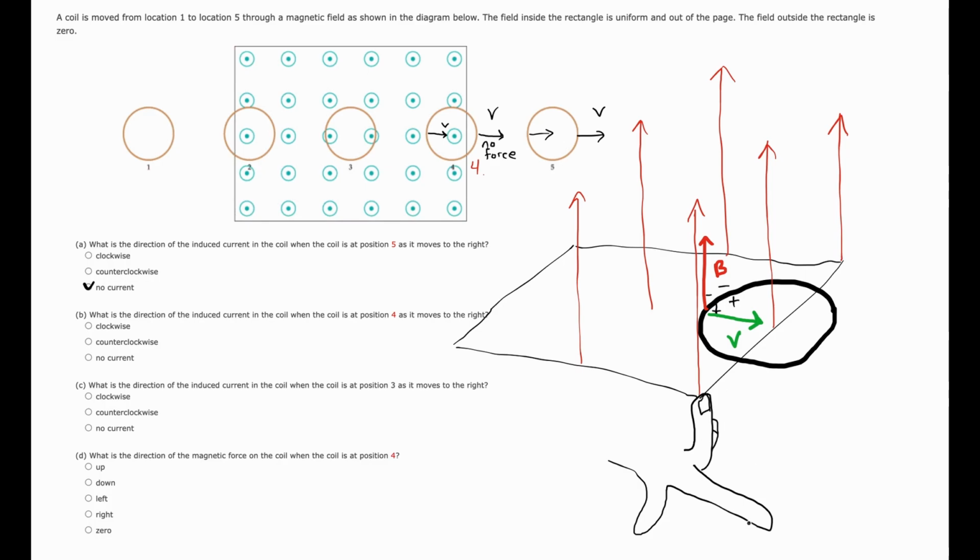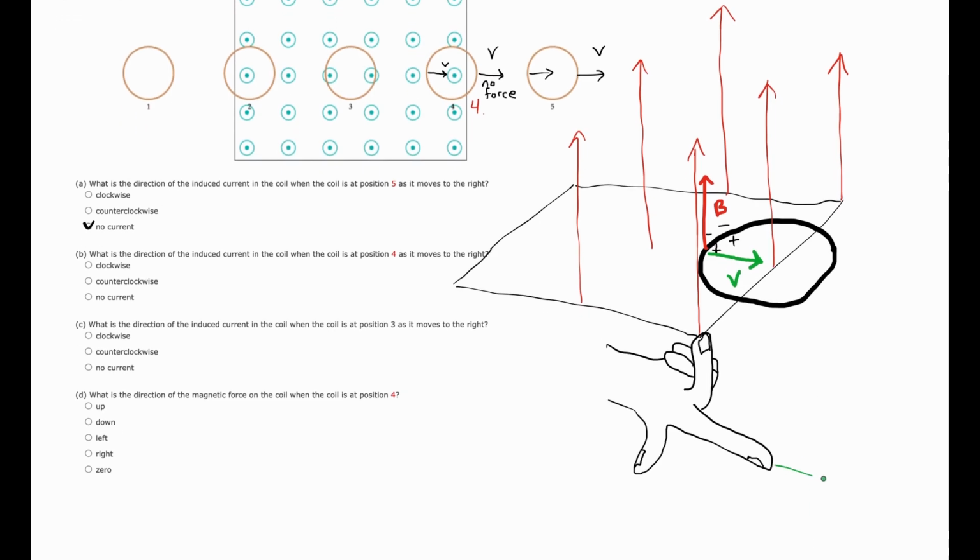like that. And so we've got V for the particles. And I'm just doing the analysis for the positive ones. And then B is the middle finger. That's this. And then the thumb gives the direction of the force on the positive particles.